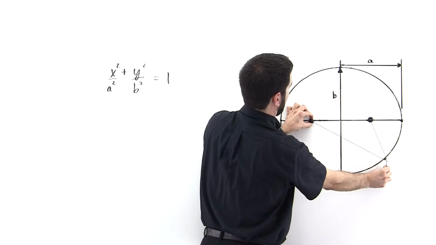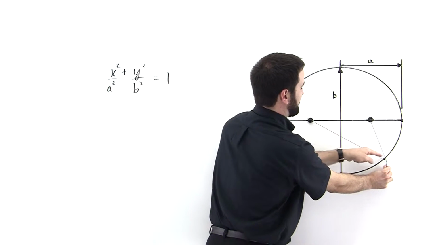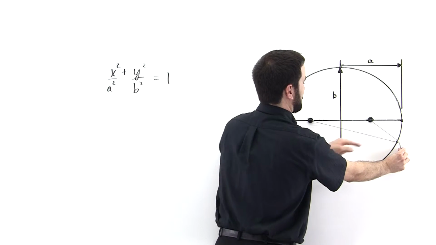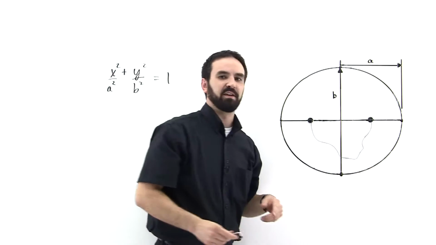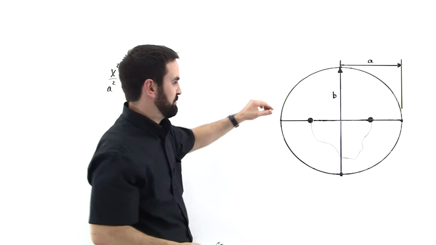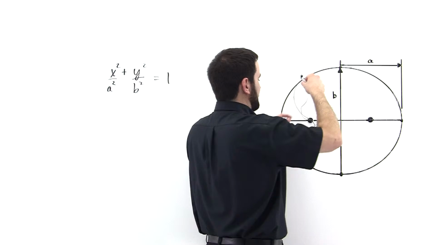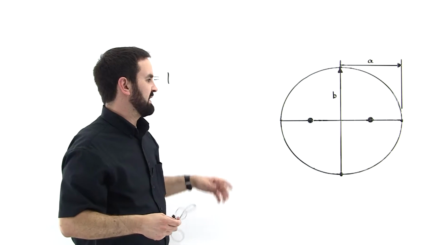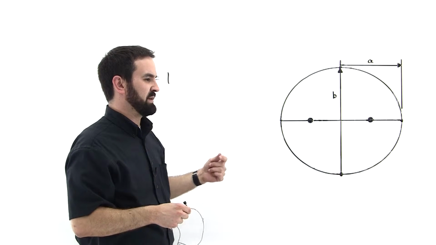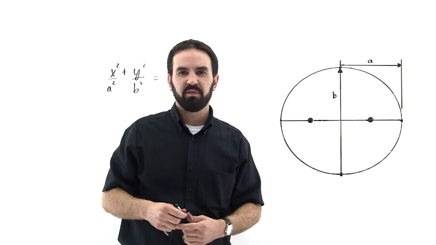Oh, I nudged it a little bit. Of course, neglecting any experimental error, as I just bumped this magnet a millimeter or so. So the sum of the distances from each of the respective foci to any given point on the ellipse will always be equal to the same value, right?